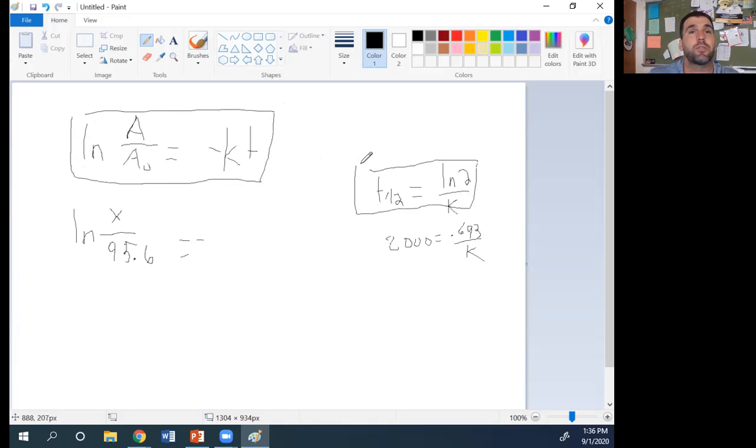But I have two variables. I didn't know A, which is what I'm looking for, how much remains at some time. And I didn't know K. But I knew the half-life of thorium, 8,000 years, so I used this equation to find K. These two Ks are the same K.